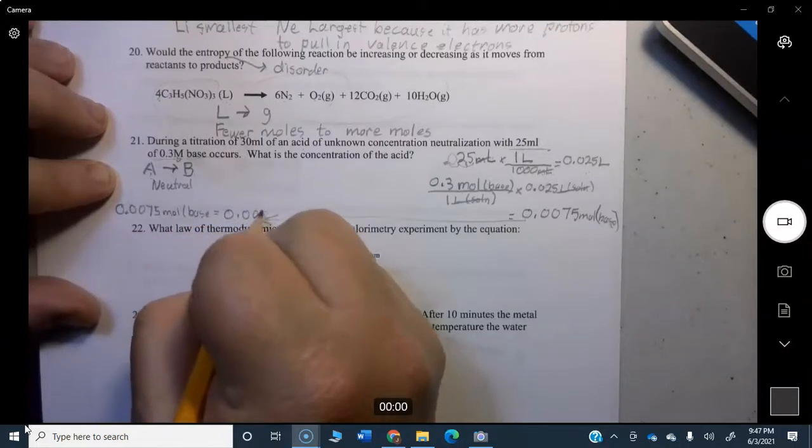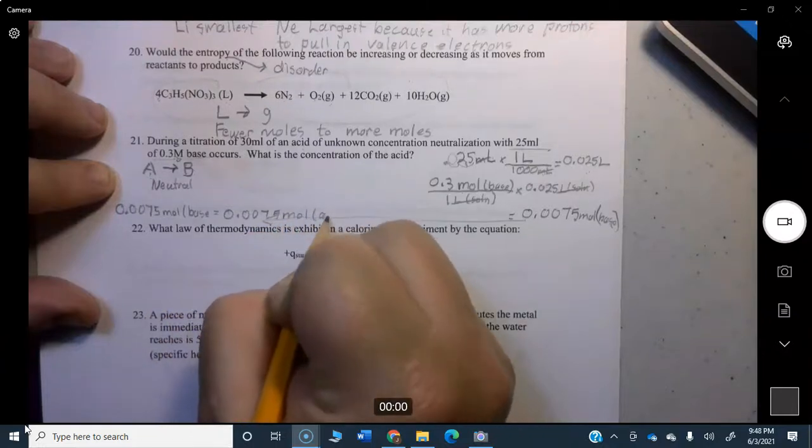So I'll write that down here. I'm going to come over here, kind of jumping around here. So 0.0075 moles of base. So to be neutralized, it's got to equal 0.0075 moles of the acid.